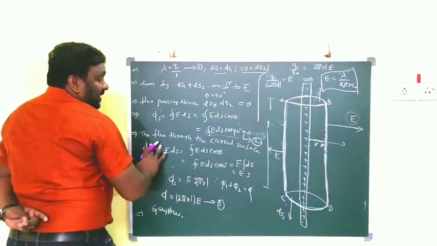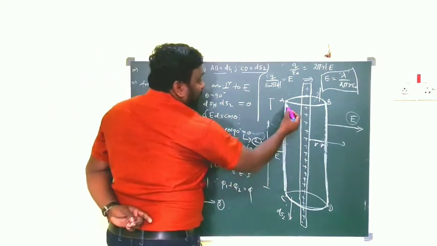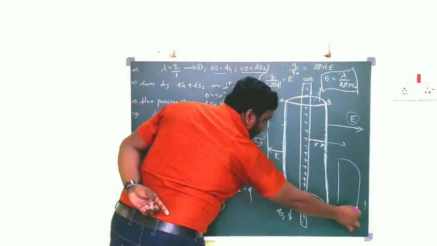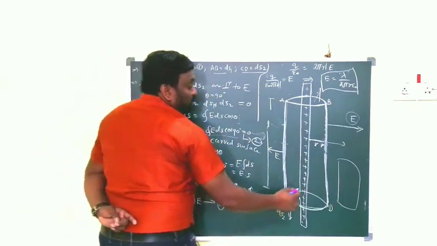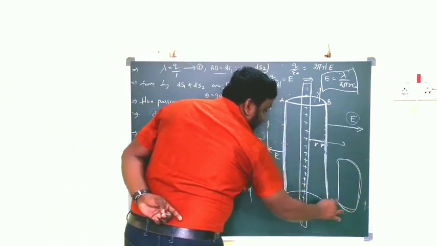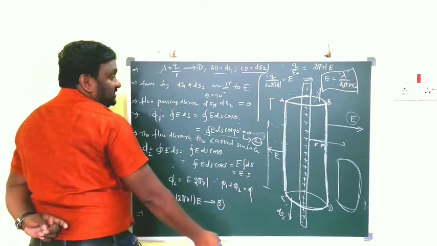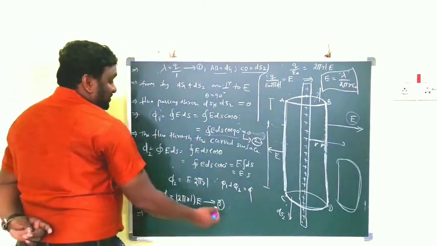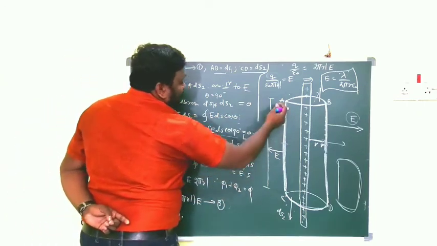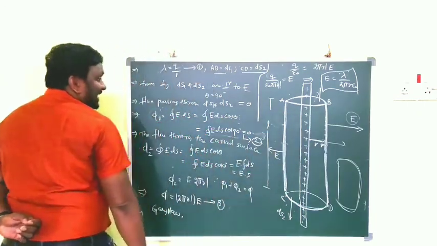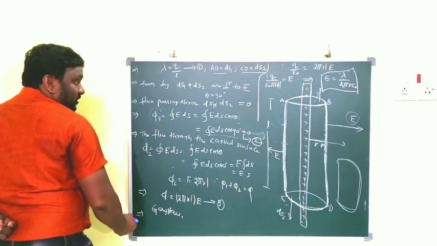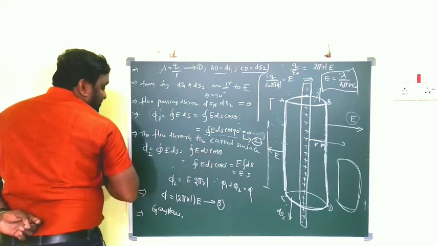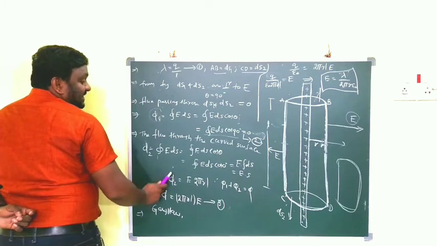Next, the flux passing through the curved surface. Now we consider A, B, C, D like this, which is the closed surface, and this is the curved surface we have taken. For that there is flux, because the curved surface and E are in the same direction. So the flux passing through it is phi 2 is equal to the closed integral of E ds.